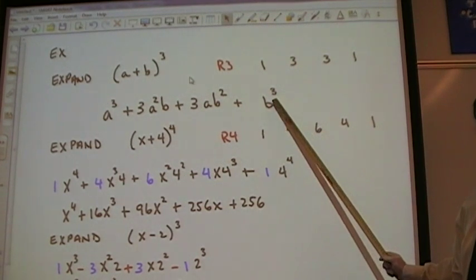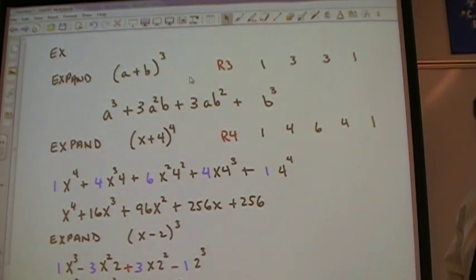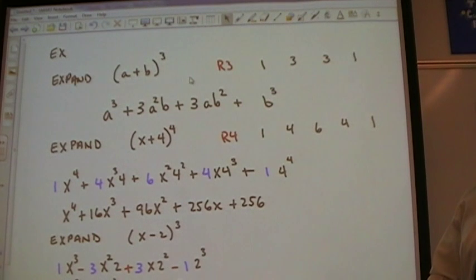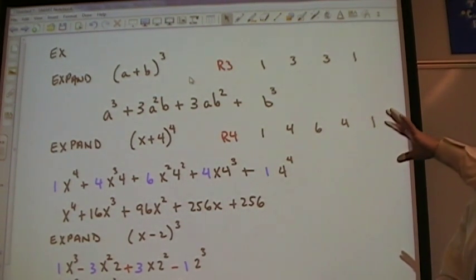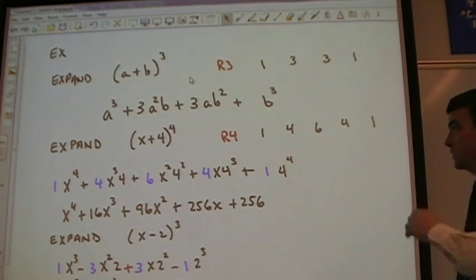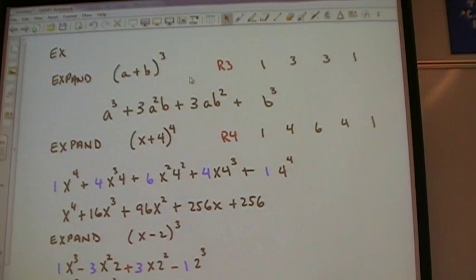You can see that when you multiply out a binomial squared, you start with a squared and you end up with b squared. Let's go back to that first page.